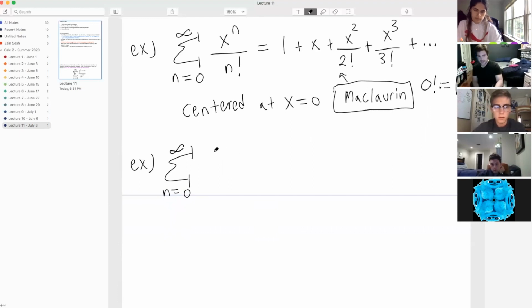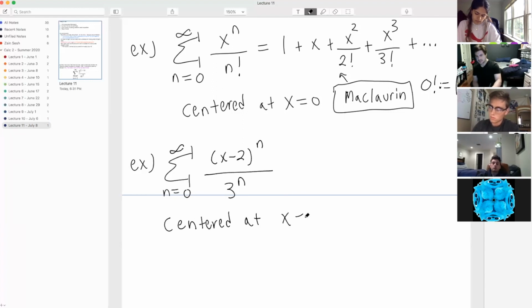Okay, last example for this. How about x minus 2 to the nth power over 3 to the n? Does someone want to tell me what x value this is centered at? This is centered at x equals what? 2.